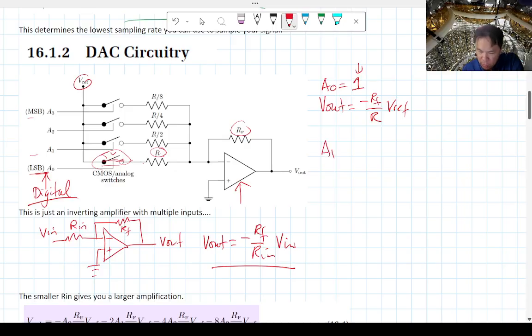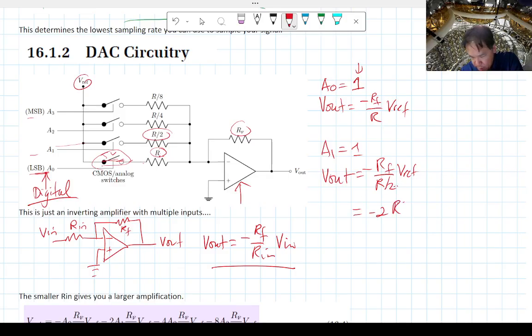But let's say A1 is 1 instead. So instead of going through R, A1 actually passes through R over 2. So Vout would be equal to negative RF over R over 2 times Vref. If this is in the denominator, of course, then that will just go to the numerator.